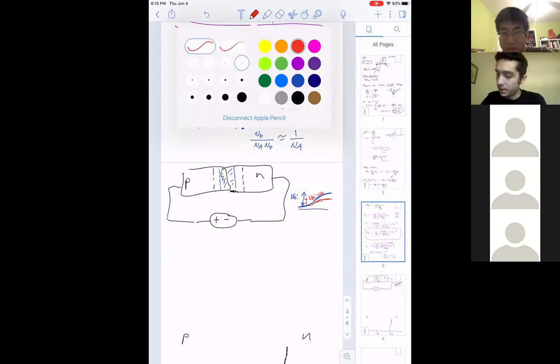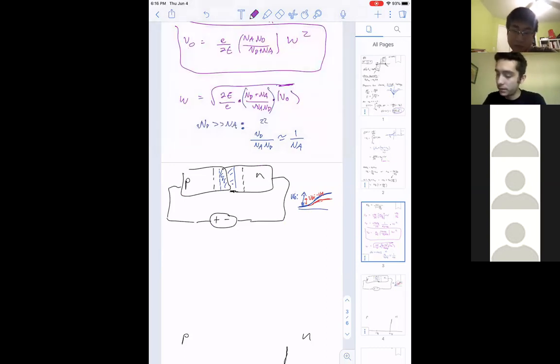Now, on the other hand, if you have reverse bias, in forward bias, you hook up the positive side to the P. You can remember that. And then in reverse bias, you have the opposite going on. So in reverse bias, this barrier gets even bigger. So you have something like VBI plus V reverse.